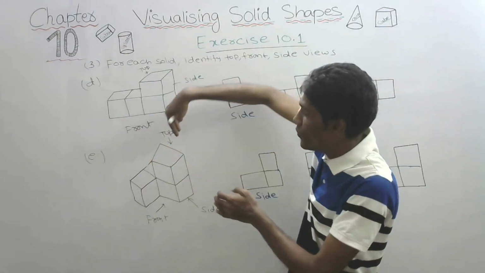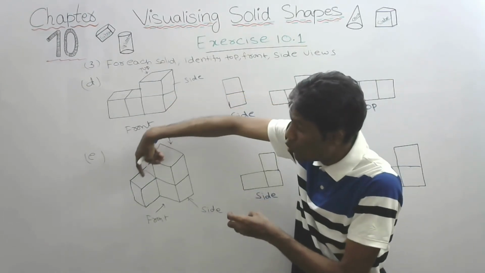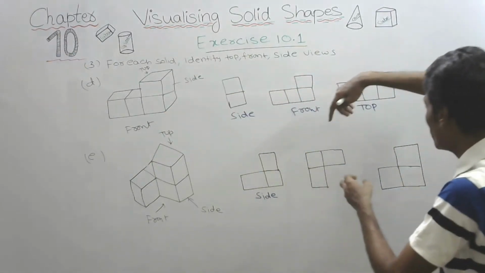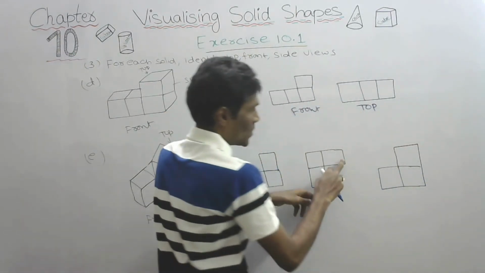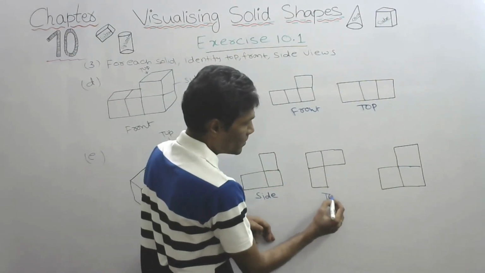So below that two squares, this one and these two. Here it is, 2 and 1. So this will be top view.